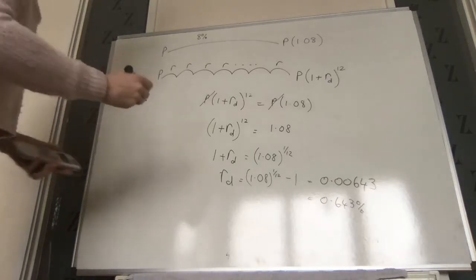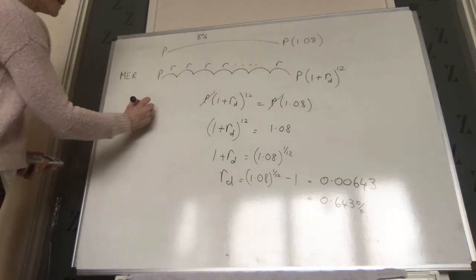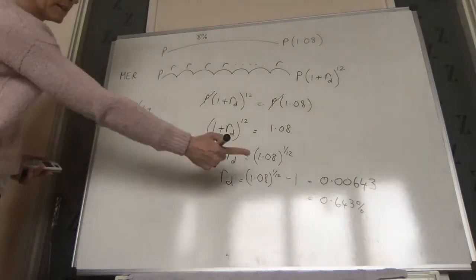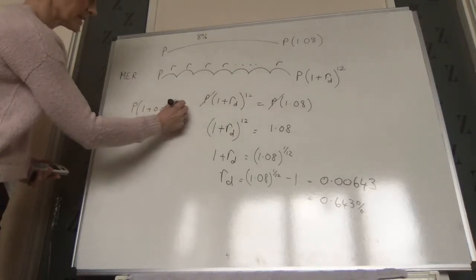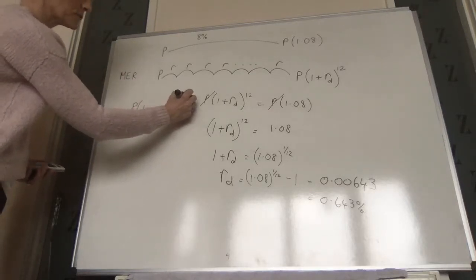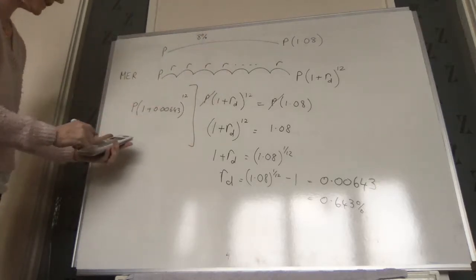And again, you can check your answer by saying 1P times 1 plus the interest rate 0.00643 as a decimal to the power of 12 should give us something very close to 1.08.